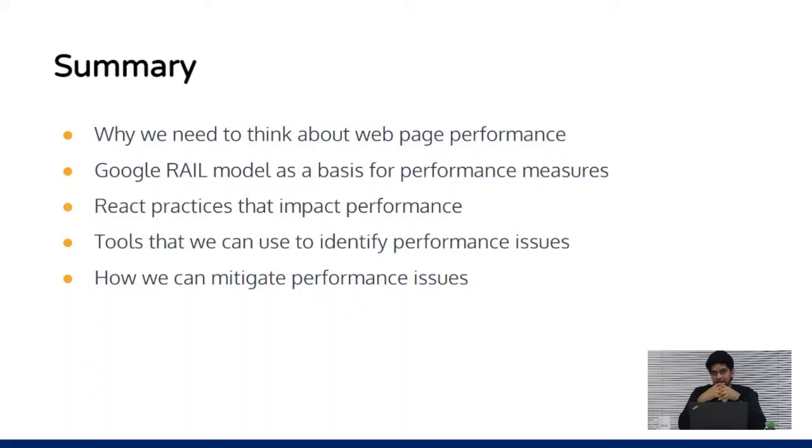Also, we looked at how React handles its internal performance through the Virtual DOM, and then we briefly discussed the aspects that we need to consider to improve performance, and then we looked at the tools that we can use to identify performance bottlenecks. And on a final note, we looked at how we can mitigate the performance issues.